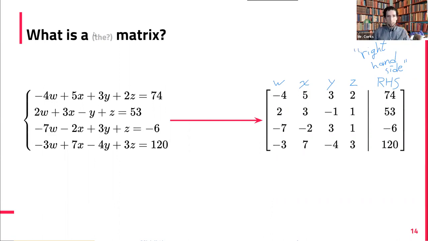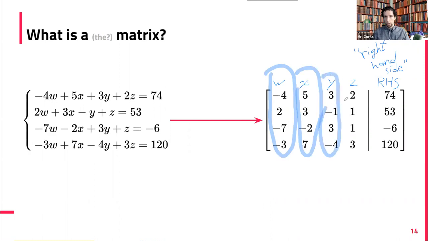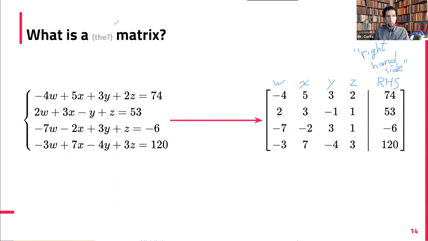So hopefully we can see the connection here. Here's the column with the W's, the X's, the Y's, the Z's, and the constants. Each of the equations, equation 1, 2, 3, 4, is now represented as a row in the matrix. The most straightforward application of matrices is that we took the numbers from the system and wrote them into a box.